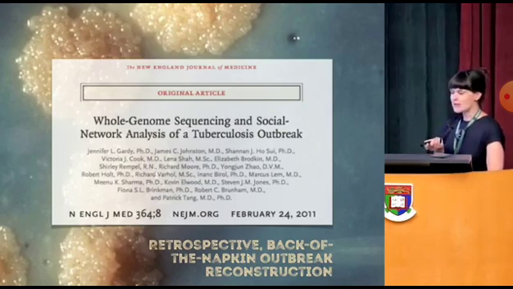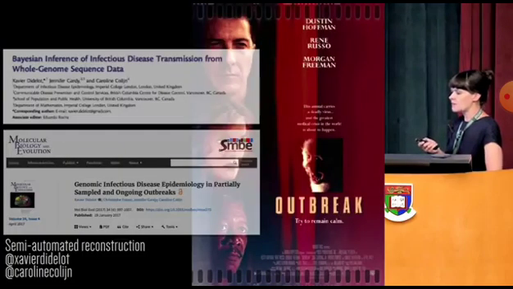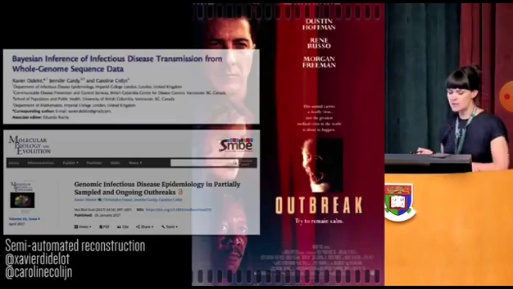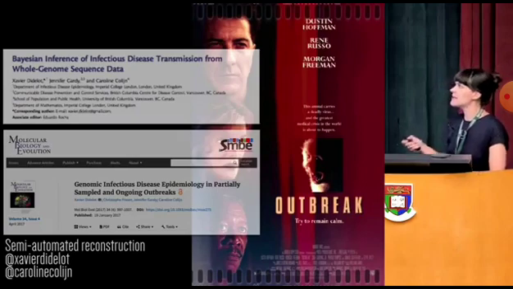We realized that was an entirely unsustainable model, so we moved towards more modeling-based methods for automated reconstruction, or automated inference, of transmission from genomic data. Our first kick at the can was some years ago, and we've improved on that significantly since then.